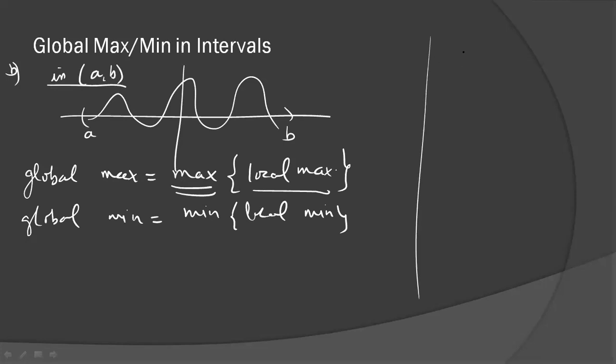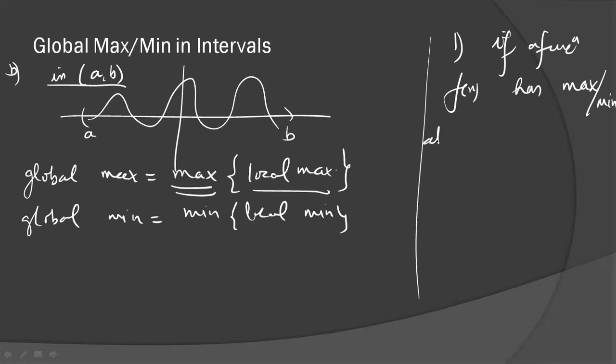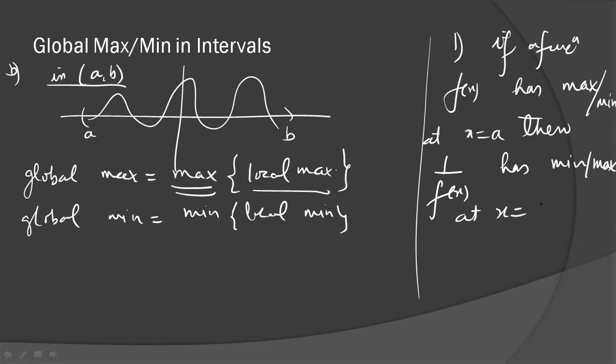Some remarks we have. If a function f(x) has maxima or minima at x equal to a, then its reciprocal function has minima or maxima at x equal to a. Just the nature is changed: maximum becomes minimum, minimum becomes maximum.